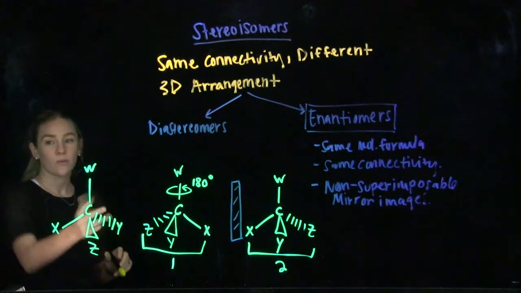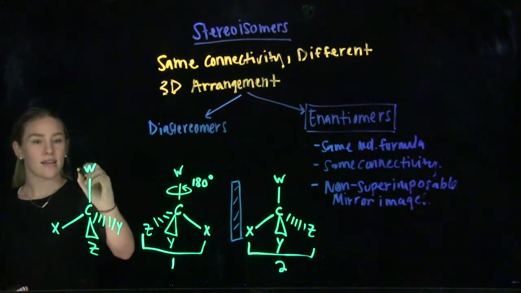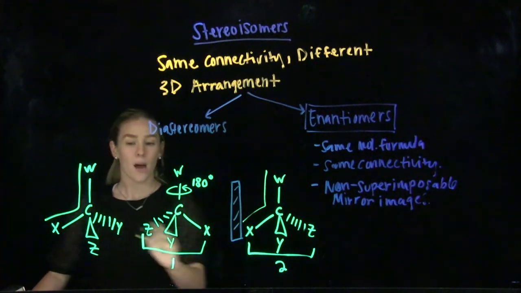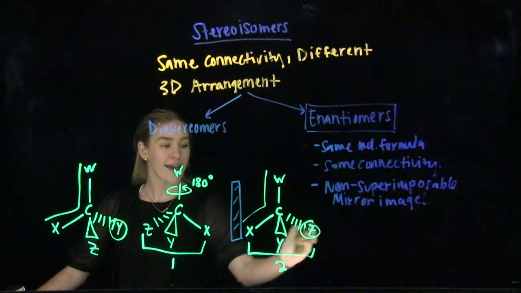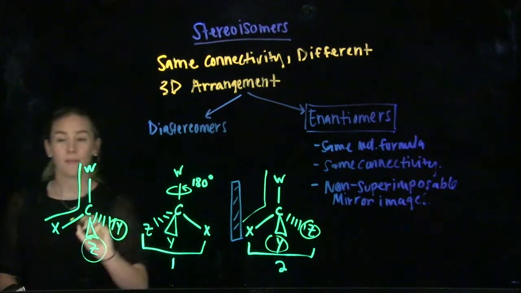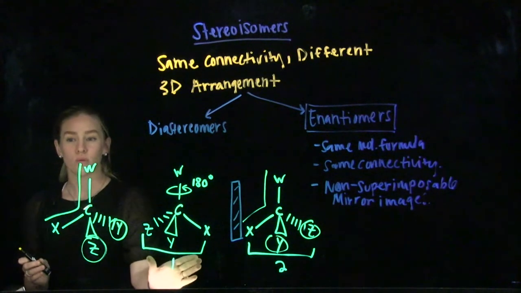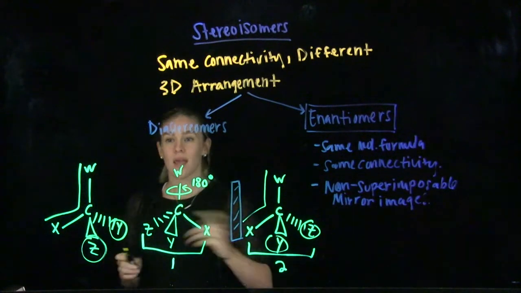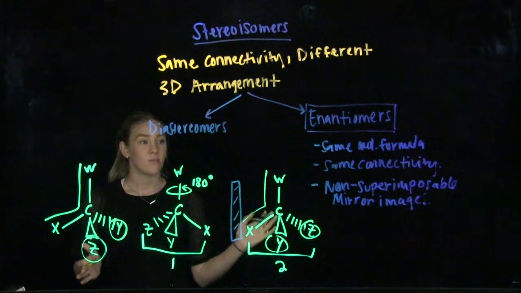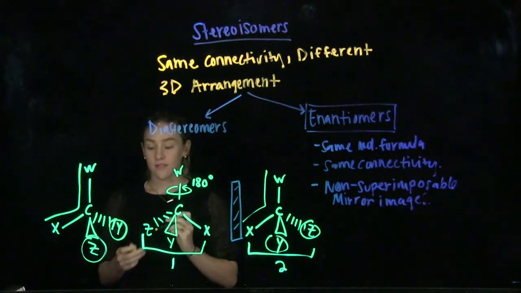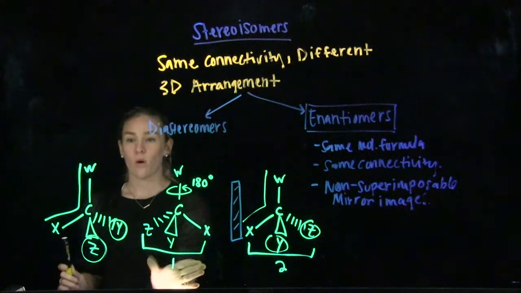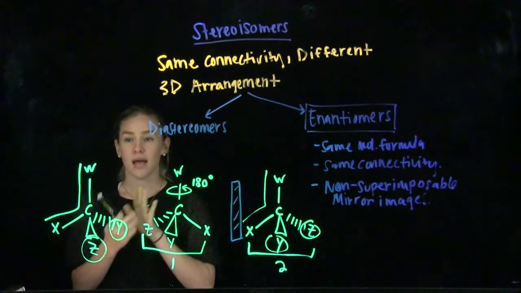So once we rotate it, we get a nice lineup with the W and the X, but our Y and Z are not lining up. There's no way I can take molecule number 1 and rotate it to make it the same as number 2. And this is the idea of enantiomers. They are mirror images of each other, but they are not superimposable. I cannot put molecule number 1 on top of number 2 and have them line up perfectly.